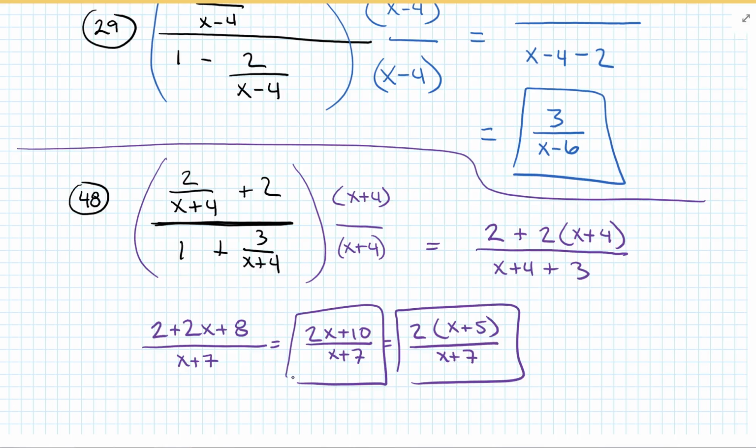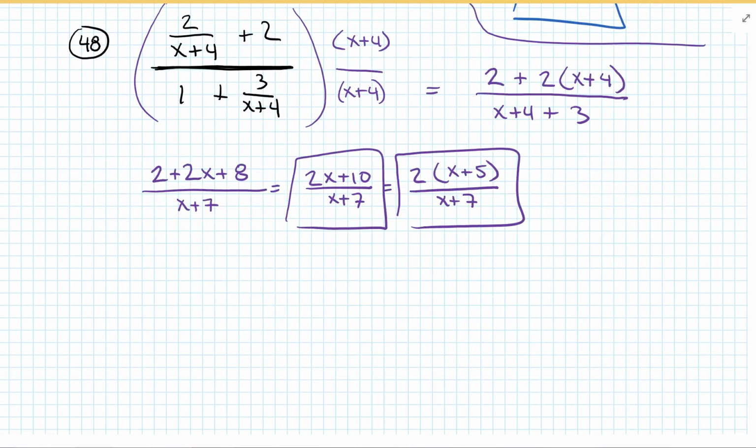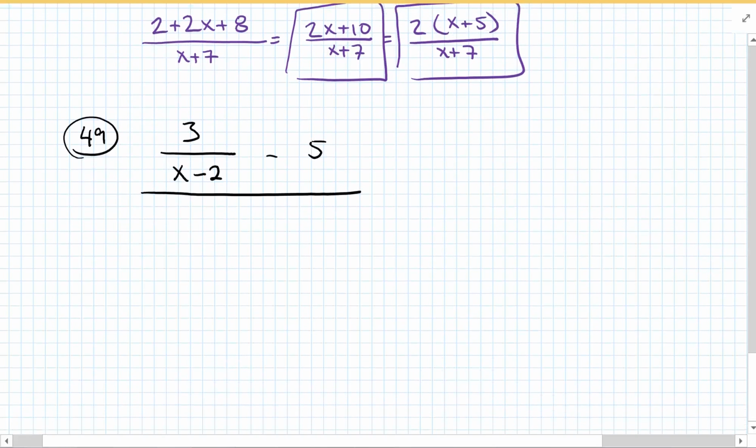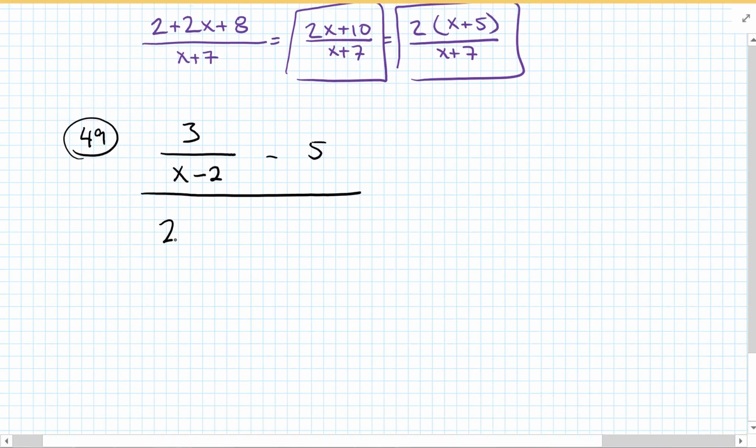All right, 49. 3 over x minus 2 minus 5, all over 2 minus 4 over x minus 2. Same concept.